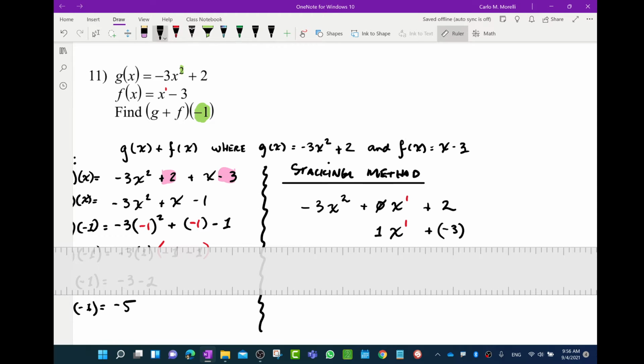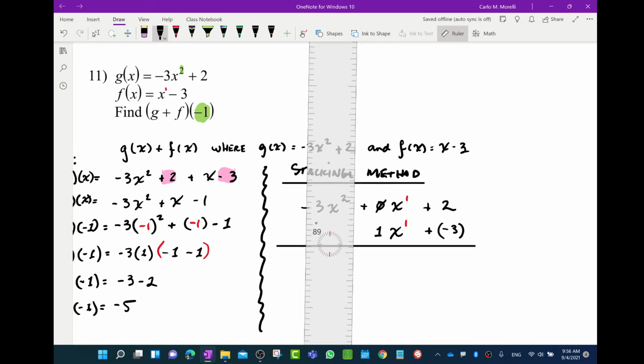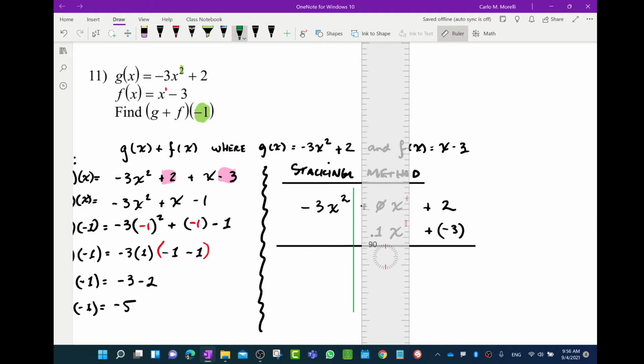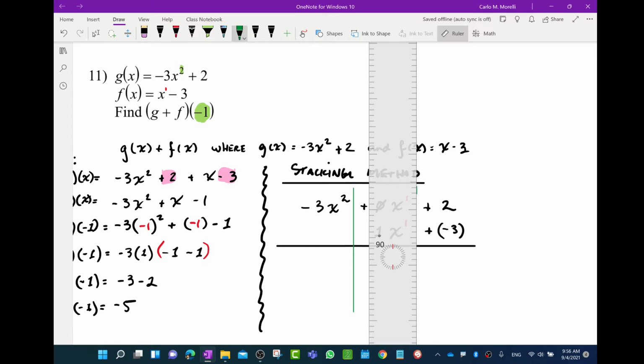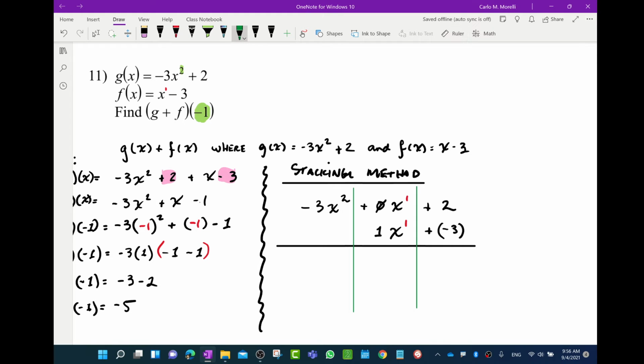Like I said, this particular problem, it doesn't really matter. And unfortunately, you're not given any problems in this problem set where it does matter. But I'll just show you the method. We create these columns, and you just add the columns.